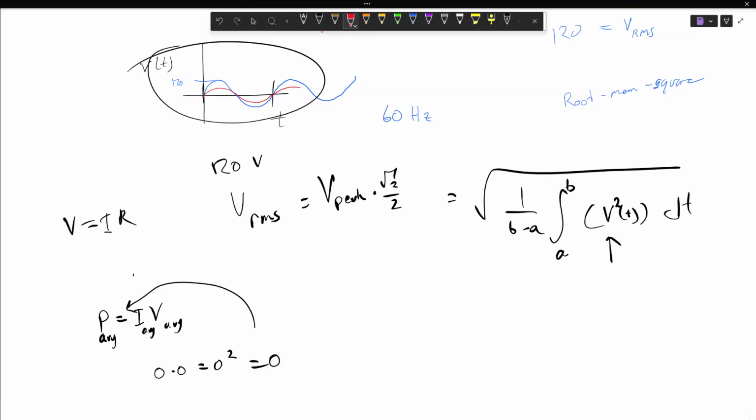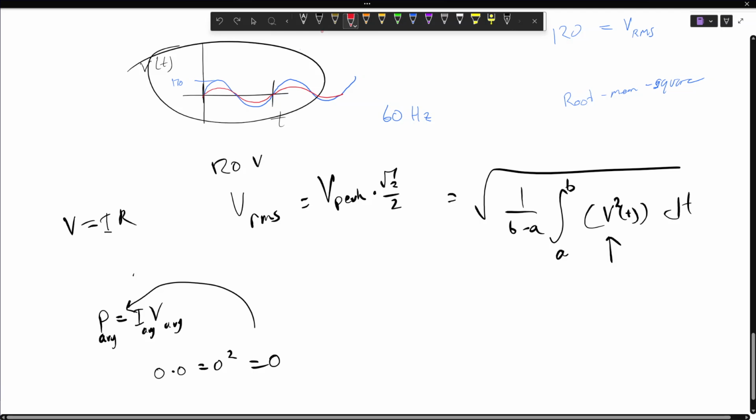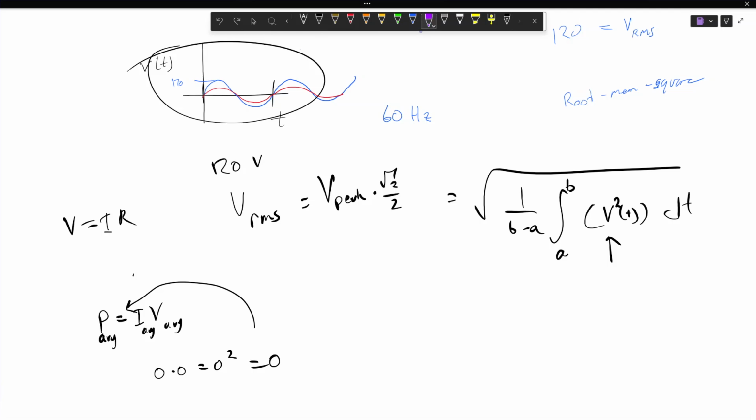When the current is flowing one way, the voltage is also pushing it essentially the same way. And when you take those functions and multiply them together, the power function looks always positive. You're always spending energy because a negative times a negative equals a positive. And the average of that function is not zero.